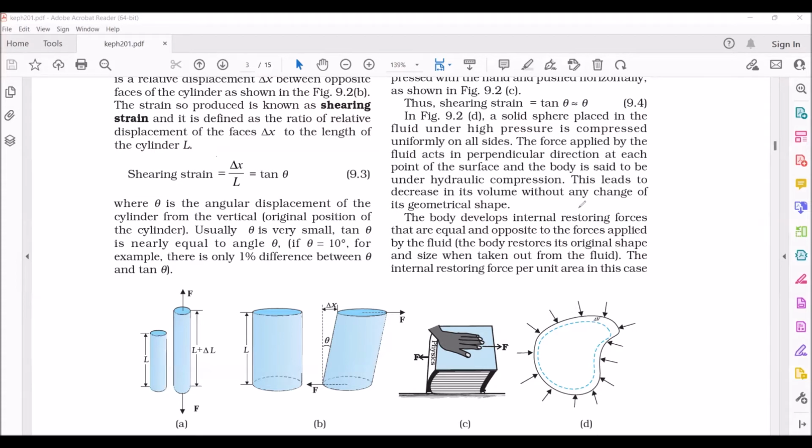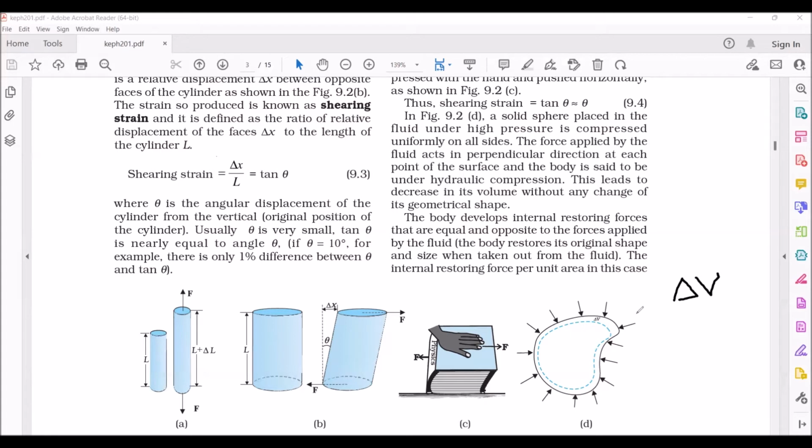Now the force applied by the fluid acts in a perpendicular direction at each point of the surface, and this is under hydraulic compression. Because of this compression, there is a decrease in the volume. This decrease in volume is denoted with delta V.